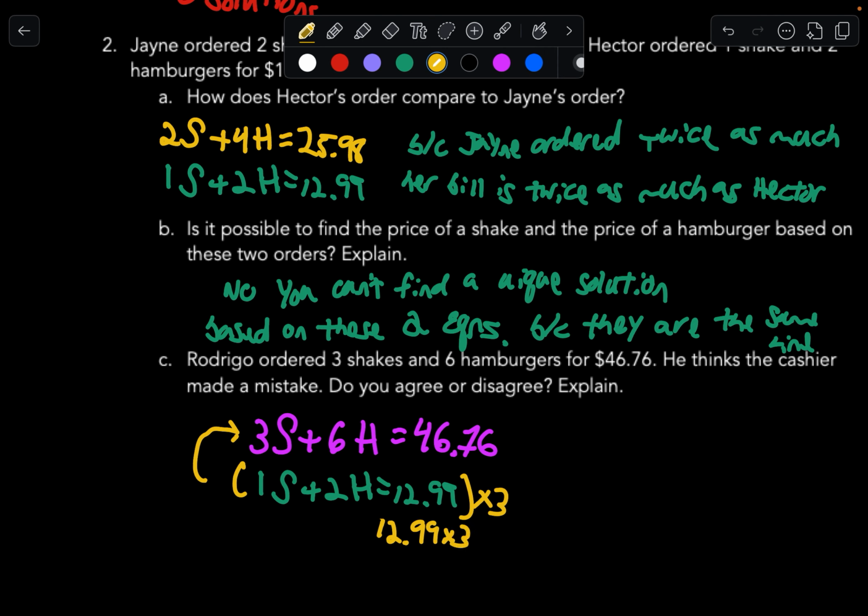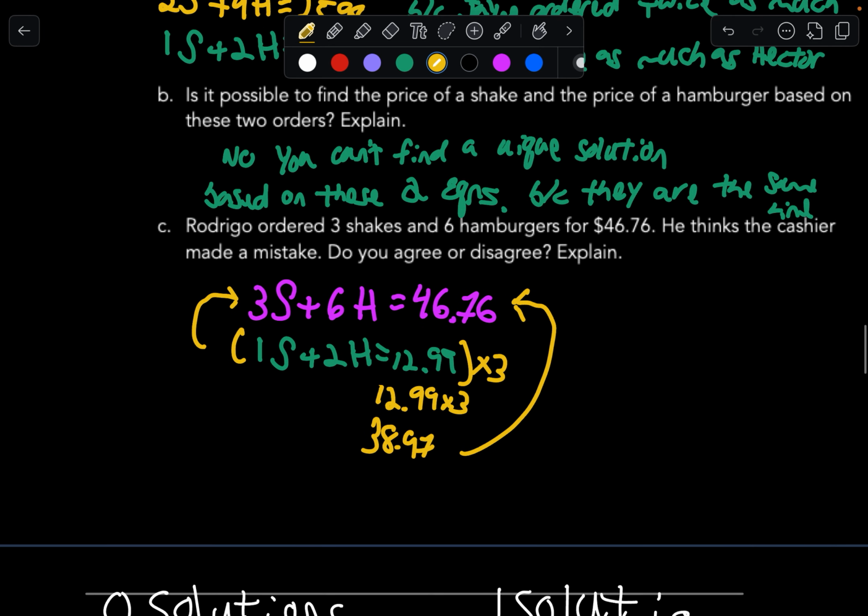So that tells you that the top equation should be equal to 12.99 times 3. According to my little handy-dandy calculator, 12.99 times 3 is 38.97. That's how much that amount should be, but the amount they charged was $46.76. He thinks the cashier made a mistake. Yes.